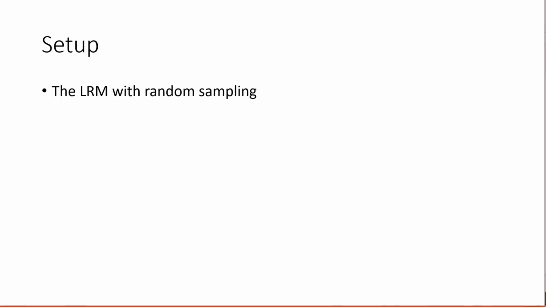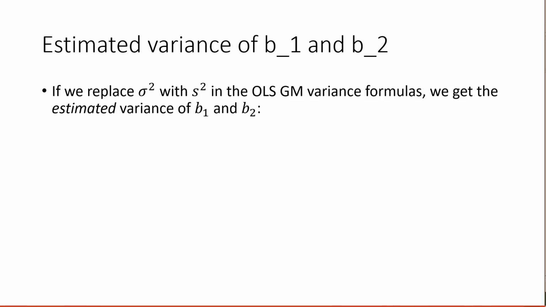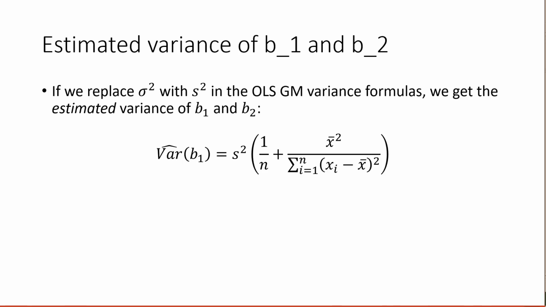The setup is the linear regression model with random sampling. If I take the formula for the variance of B1 and B2 and replace sigma square with S square, the estimate, then I get what's called the estimated variances of B1 and B2. For B1 it looks like this, not so important. For B2, incredibly important.